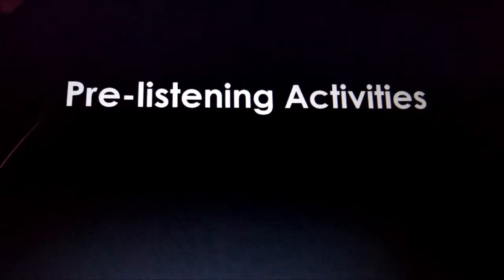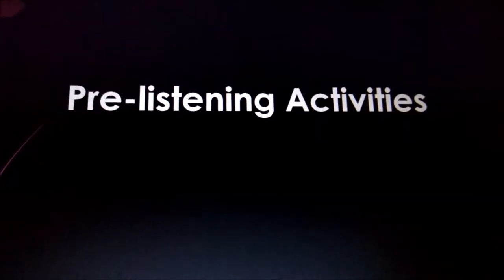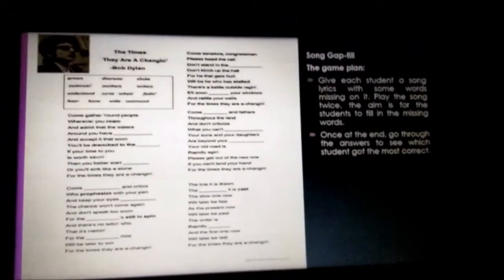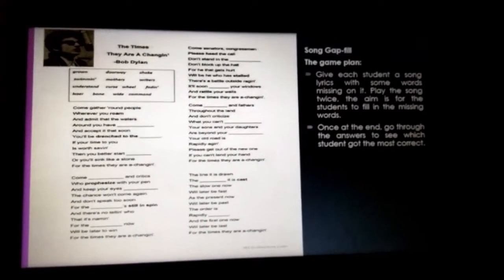So the activities are divided into three, which are the pre-listening activities, while-listening activities, and post-listening activities. For the pre-listening activities, we have Song Gap Fill. In this activity, the teacher will give each student song lyrics with some words missing.